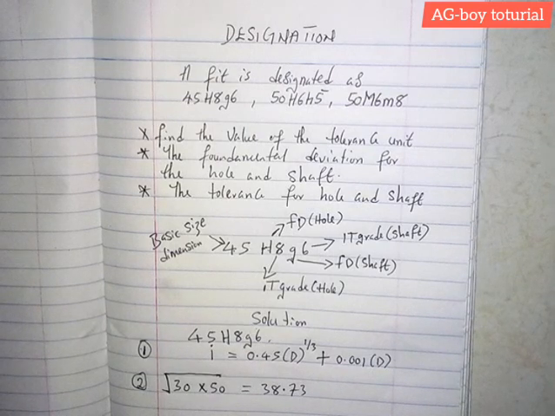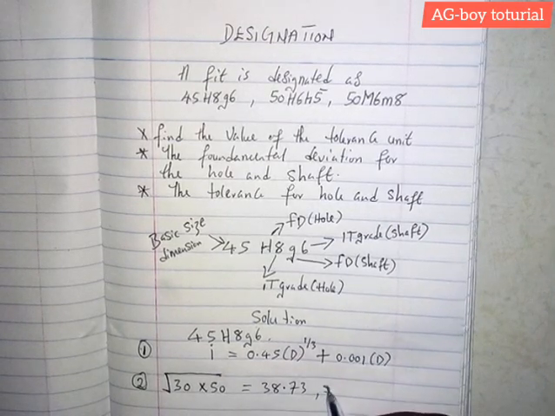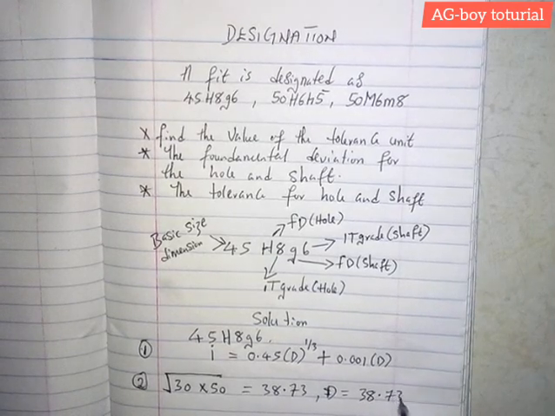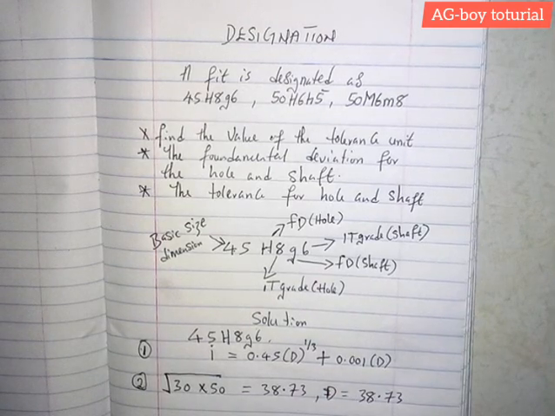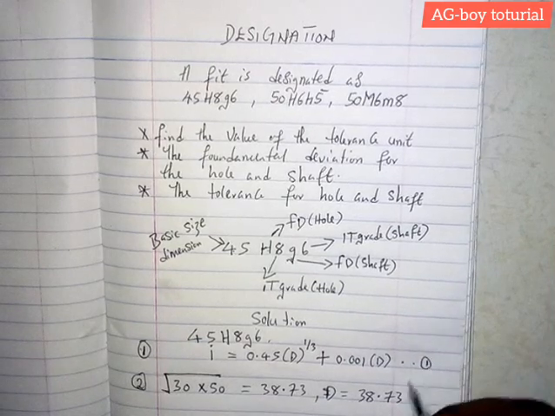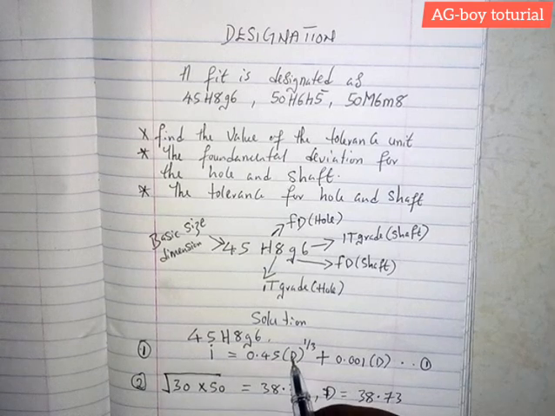After you have done this, this is your diameter. So your answer you get here is your D. So let me say D is equal to 38.73. Now, since this is your D, you have to insert your D into this. Let me call this equation 1. Now, I will insert my D into my equation 1.